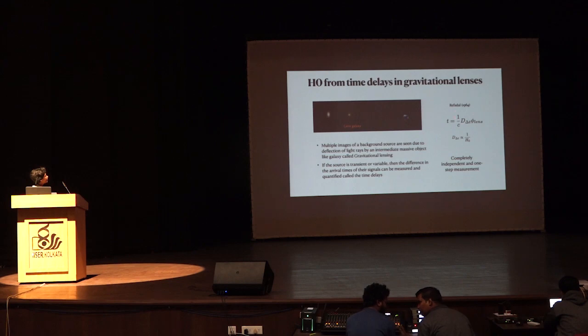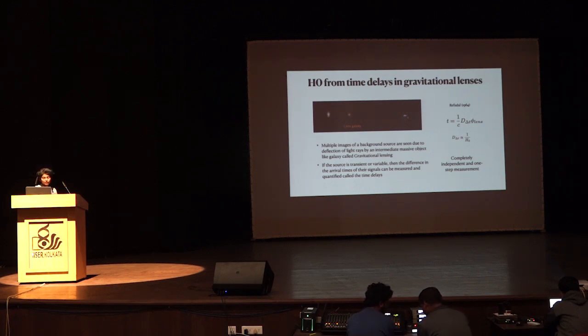In 1964, Refsdal first pointed out that if we can measure the time delays between these multiple images and characterize the lens potential along with the information about the distances to these objects, we can then get a measurement of the Hubble constant.